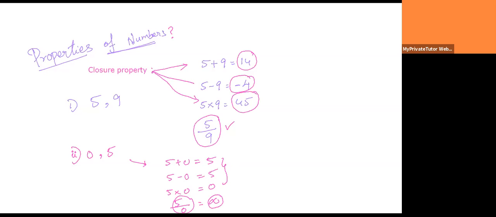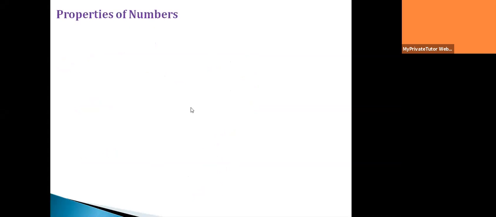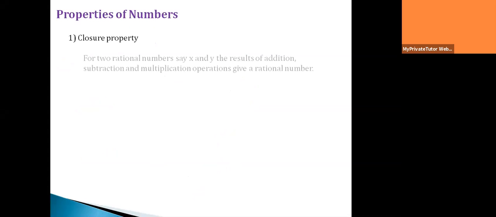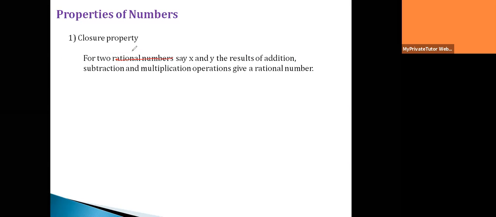So let me give the definition to you. Just take a look at this definition. Closure property: for any two rational numbers, which you can just consider as integers, if we do addition, subtraction, or multiplication, we get an integer again.